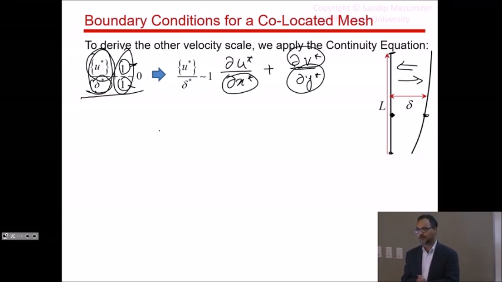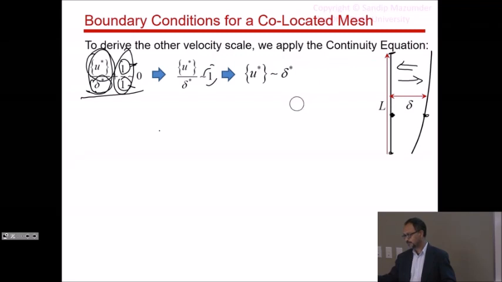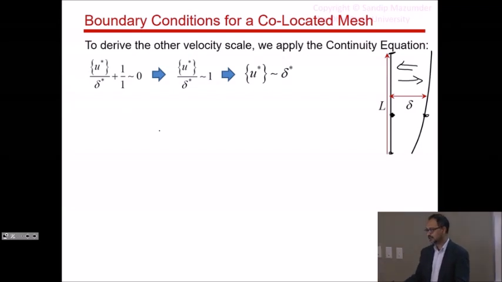Okay? So that's the point we are trying to make here. So this is of order 1. And so that then gives us that my velocity scale in the x direction approximately has an order of magnitude equal to delta star.